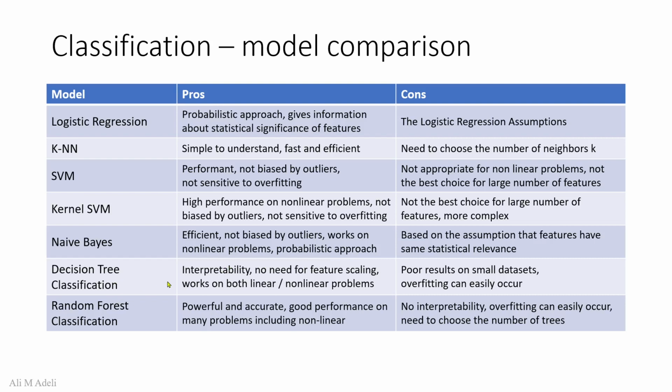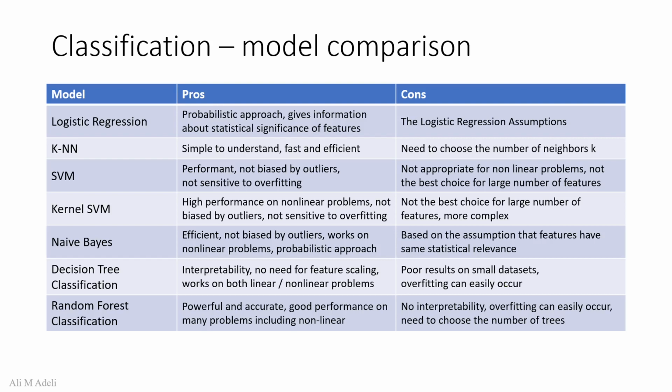Decision tree classification, the pro is for sure the interpretability, and we don't need to scale features, and it works on both linear and nonlinear problems. Again, the problem, similar to decision tree regression, is that on small data sets performance is kind of poor, and depending on how we decide to stop the tree, it can overfit easily.